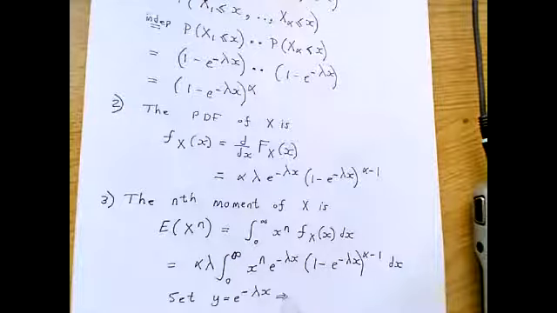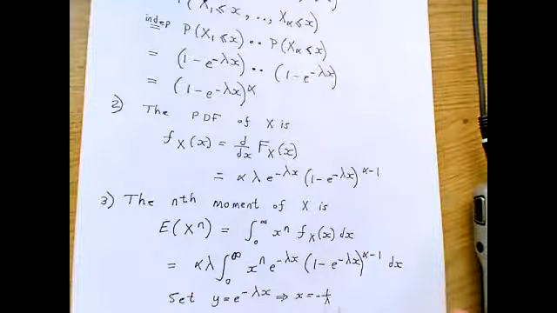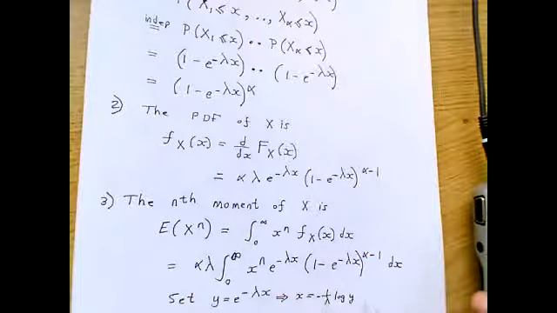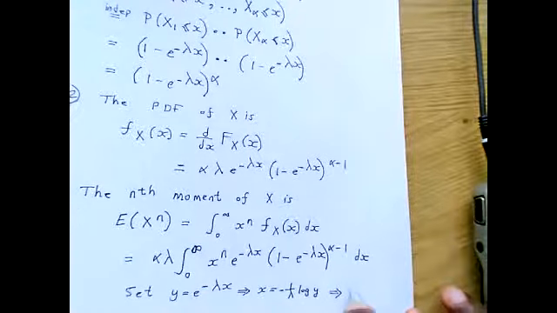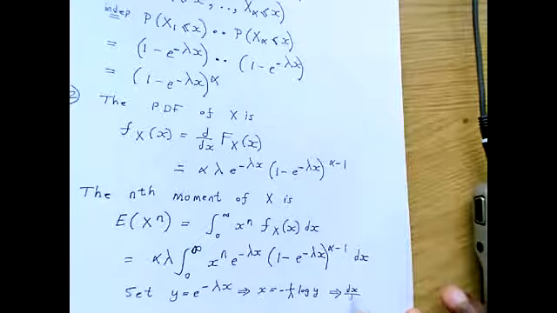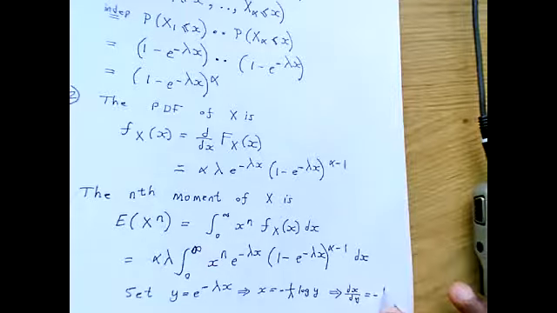Which implies that x is equal to minus 1 over lambda times log of y, and which implies that dx by dy is equal to minus 1 divided by lambda y. All right. Now let me put this in the box.